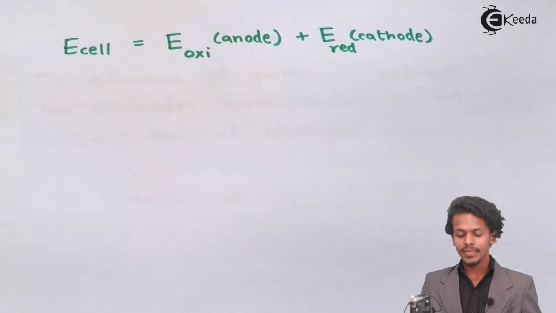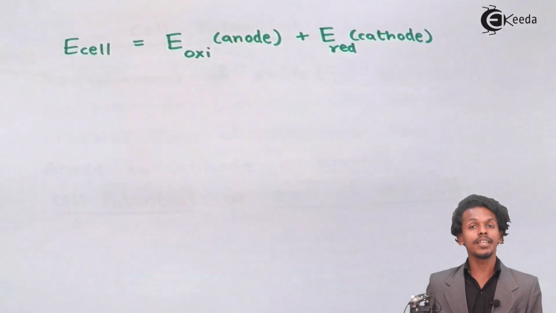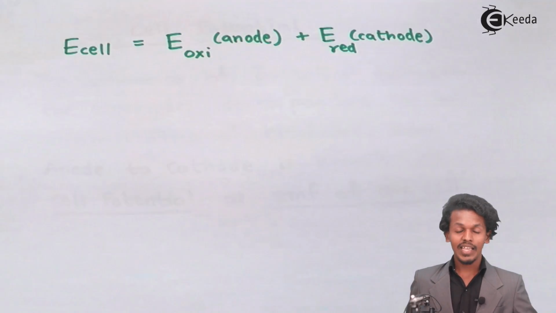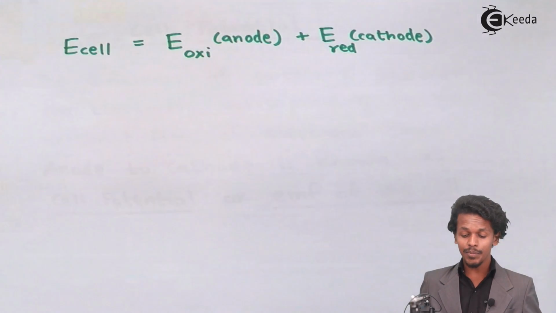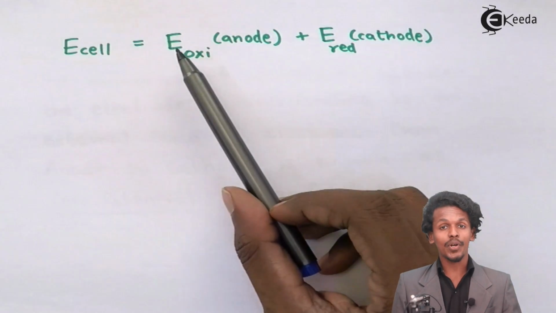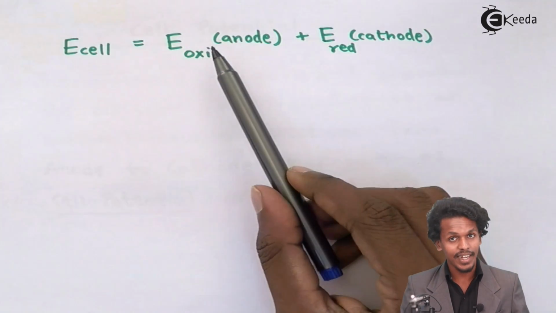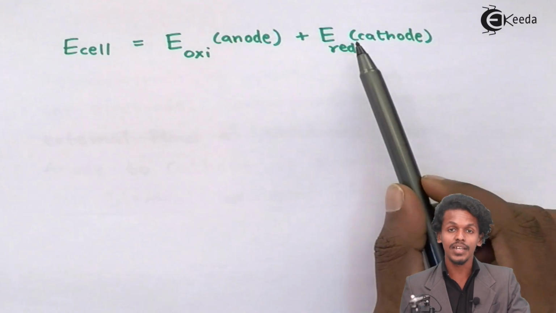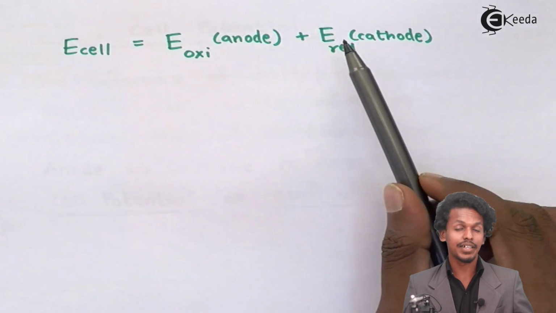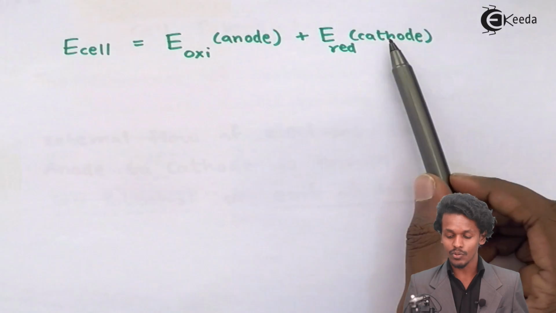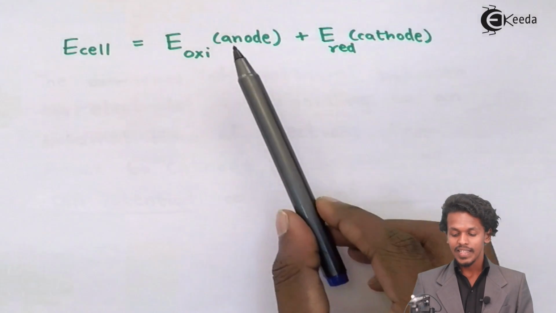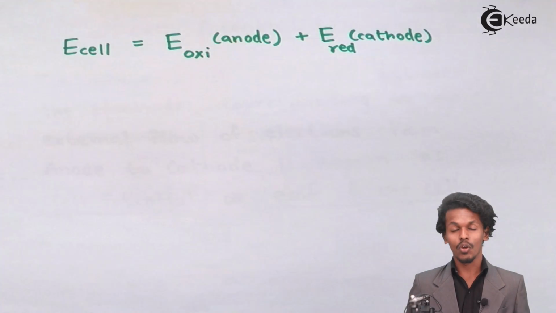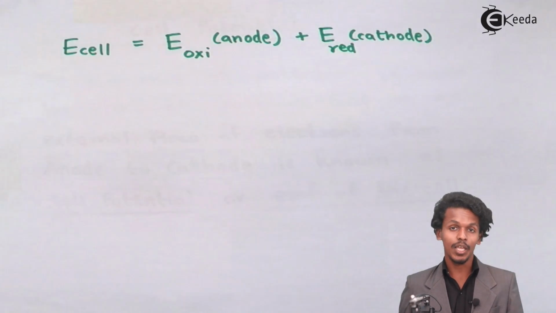So basically, E cell, which is the EMF of the cell, is the sum of the potential during oxidation at anode, because oxidation takes place at anode, and the reduction potential at cathode, because at cathode reduction takes place. So this combination will give the overall cell EMF.